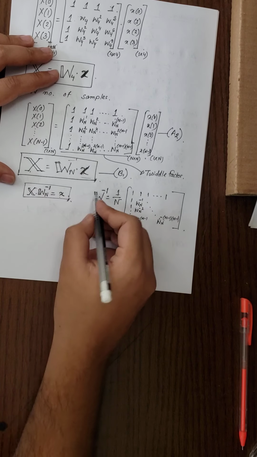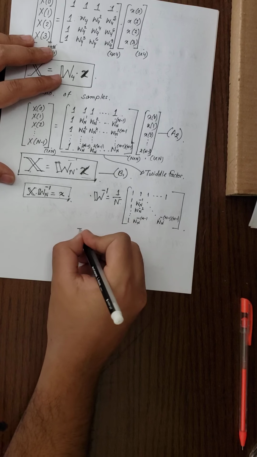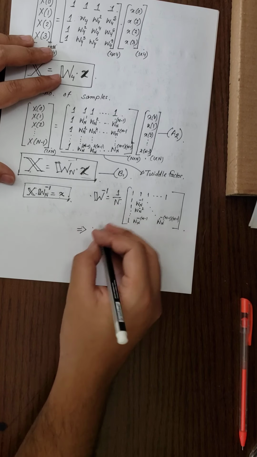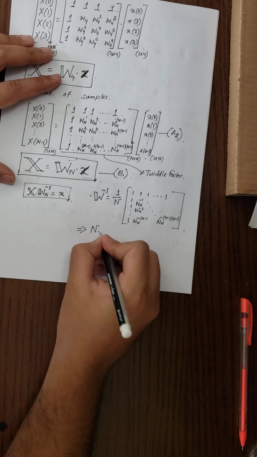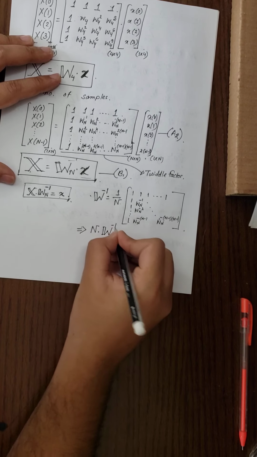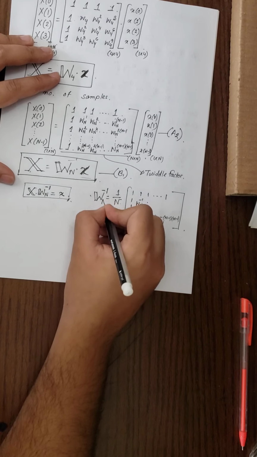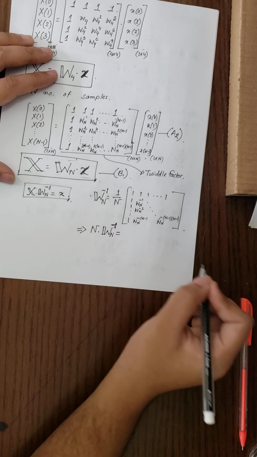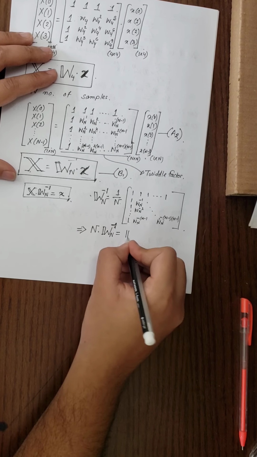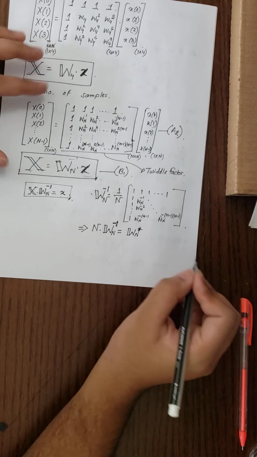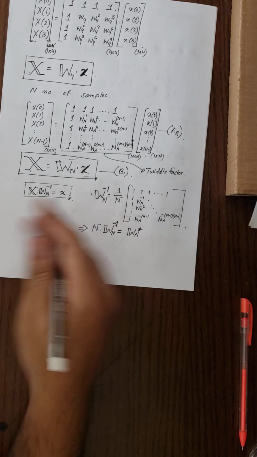So rewriting this equation, we can write summation. This can be written as, if we take this to the left hand side, n times Wn to the power of minus 1 will be equal to Wn conjugate. And why is that so?